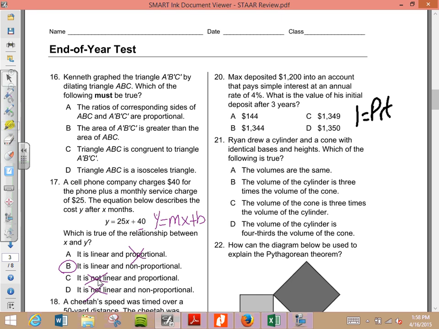How do you get C? Hold it there. What is she doing?